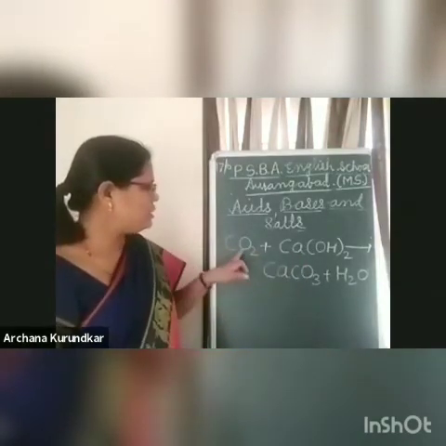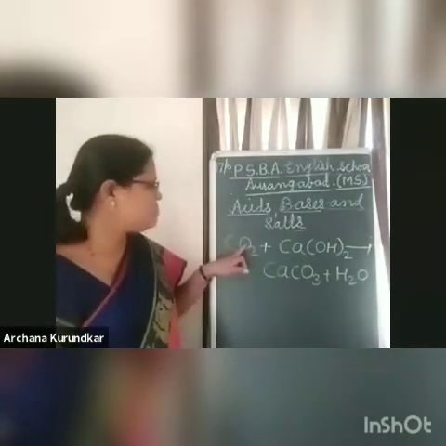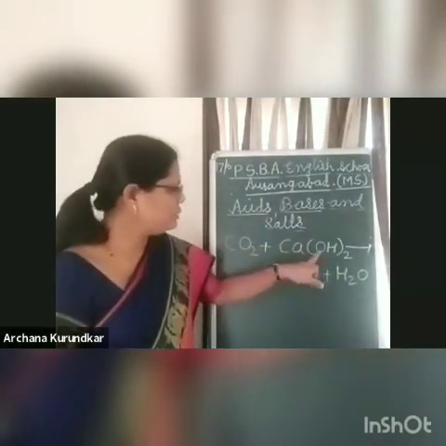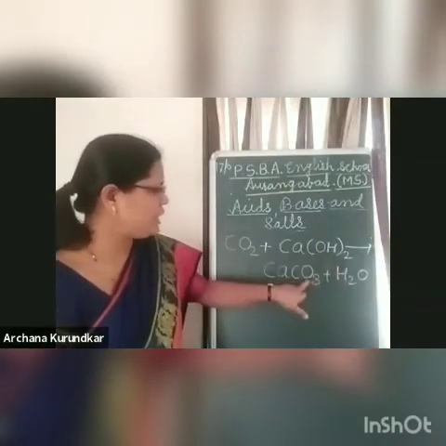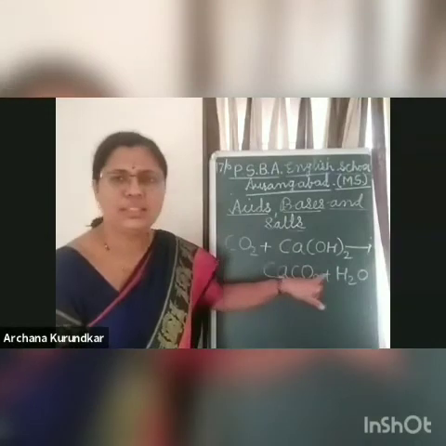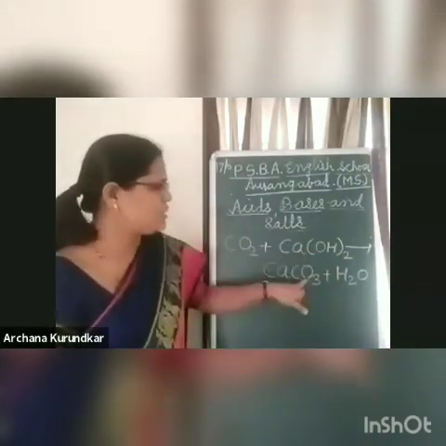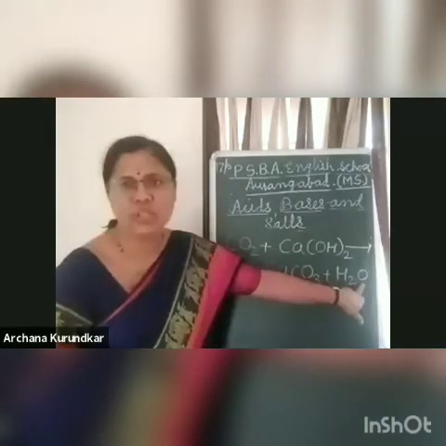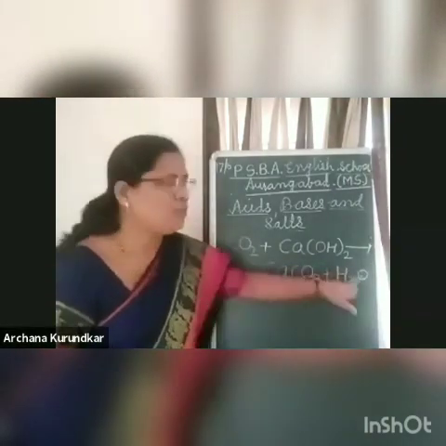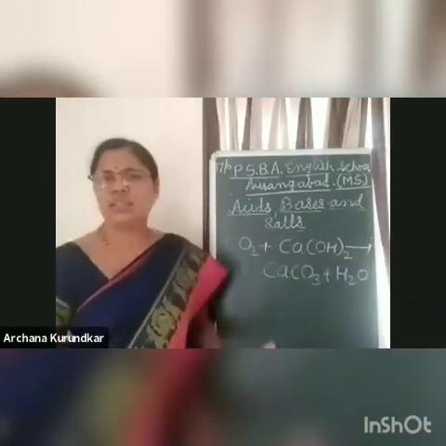Carbon: 1 atom. Oxygen: 2 atoms in CO2 and 2 atoms in Ca(OH)2, so 4 atoms in the reactants. On the product side, 3 atoms in CaCO3 and 1 atom in water, so 4 atoms of oxygen. Yes, it is balanced. Hydrogen: 2 atoms.